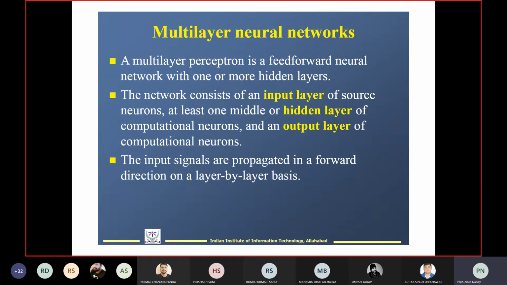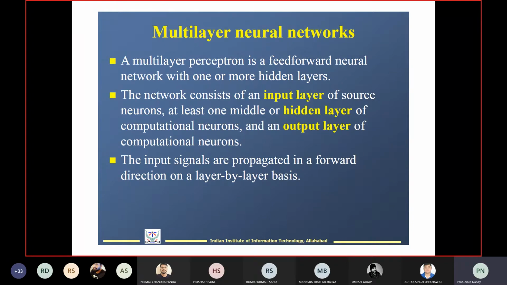So the inputs will be represented through these input layers. Okay, so they are called the source neurons. You need at least one hidden layer, or middle layer, of computational neurons, because in each hidden layer, at each node, you have to apply some activation function. This activation function is a nonlinear activation function.